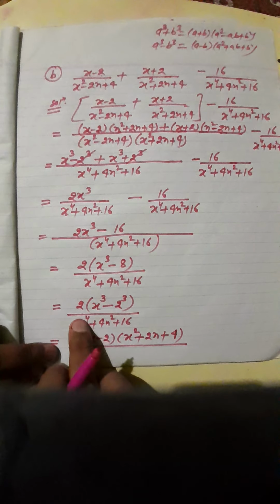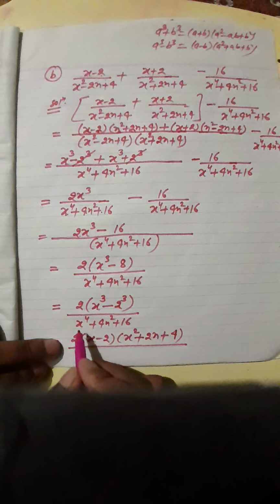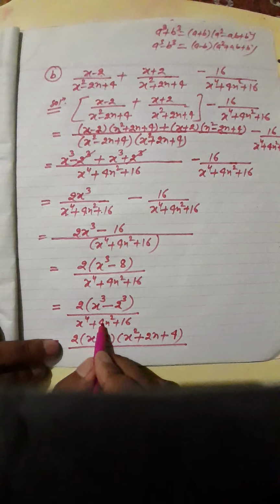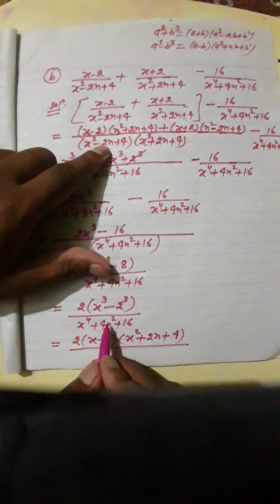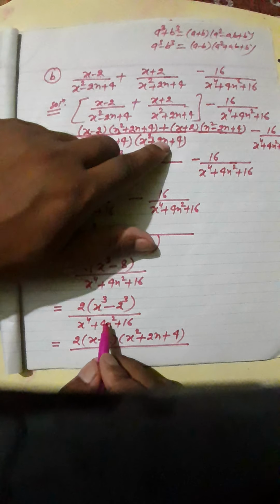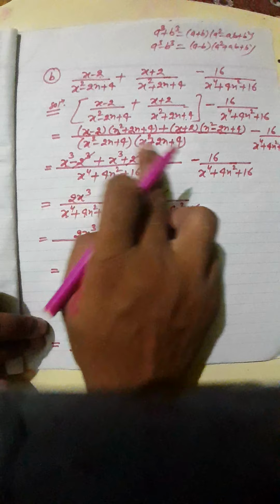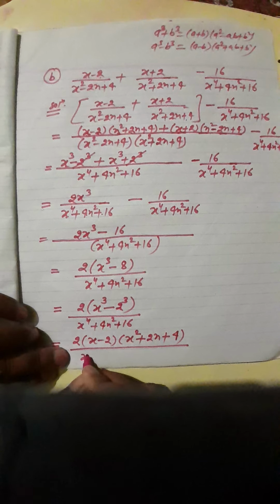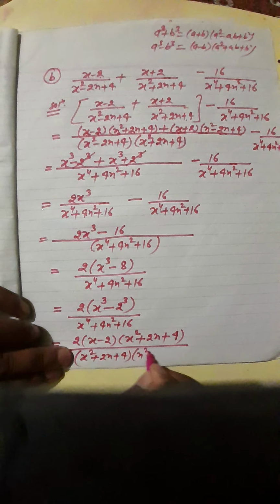downside x to the power 4 plus 4x square plus 16. When we factorize this denominator, x power 4 plus 4x square plus 16, then we get two factors: x square minus 2x plus 4 and x square plus 2x plus 4. So we can write here x square plus 2x plus 4, and the next factor is x square minus 2x plus 4.